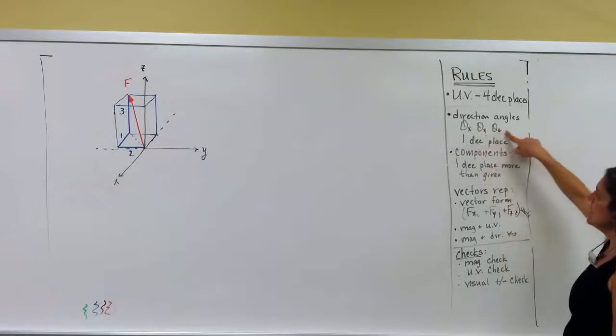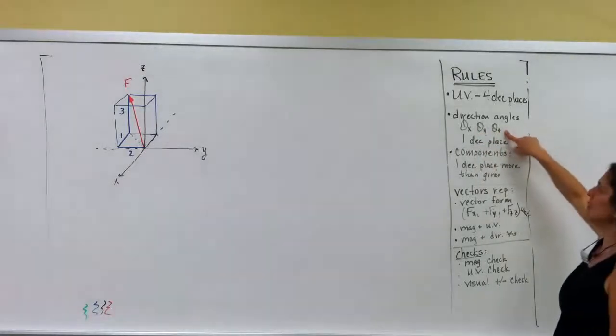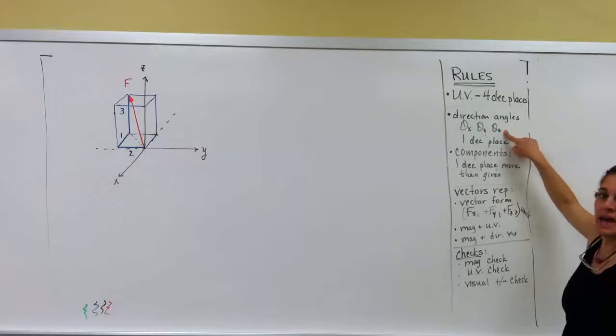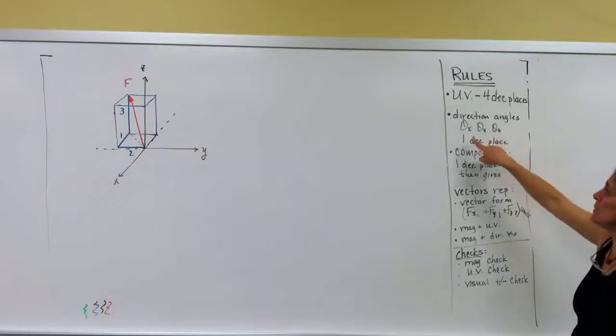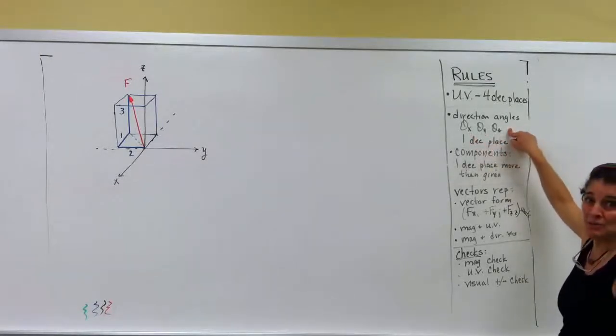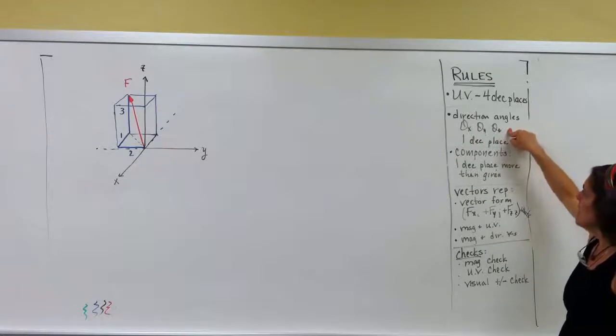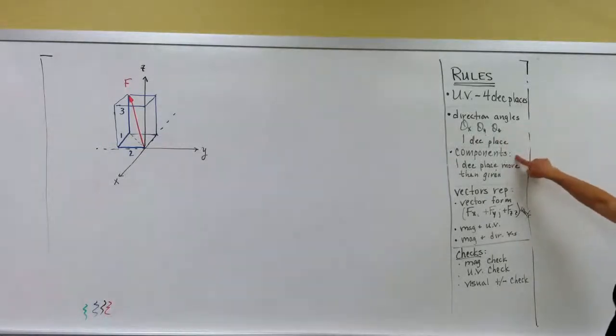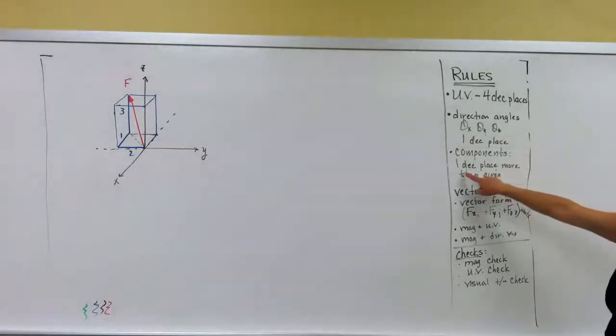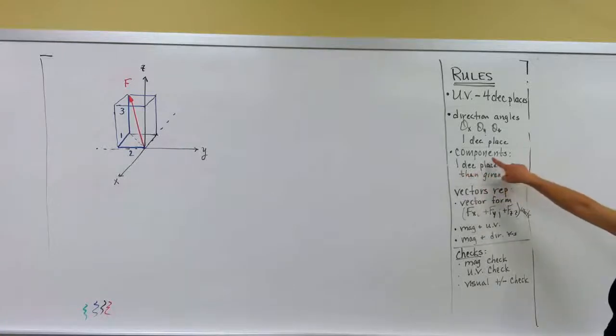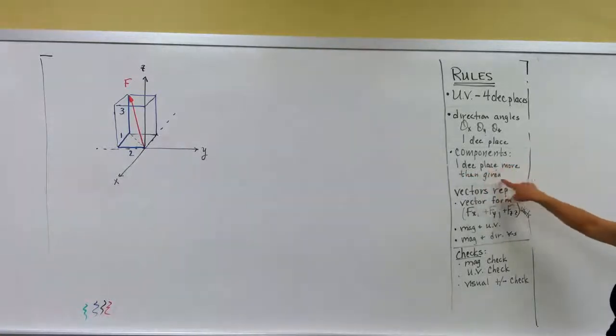And theta z is the angle between the force in question and the positive z-axis. Remember that each one of these can have 2 values. We also learned that when we represent force components, we want to represent them to 1 decimal place more than the given force.